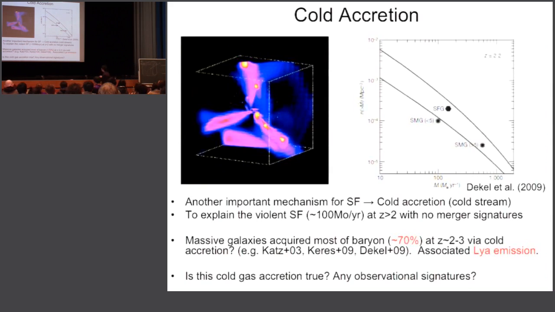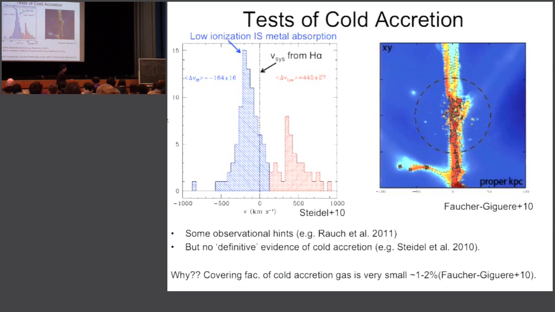So the cold accretion is still an open question observationally and even theoretically. And from observations, from the beginning of the 2010s, many people tried to find the cold accretion.